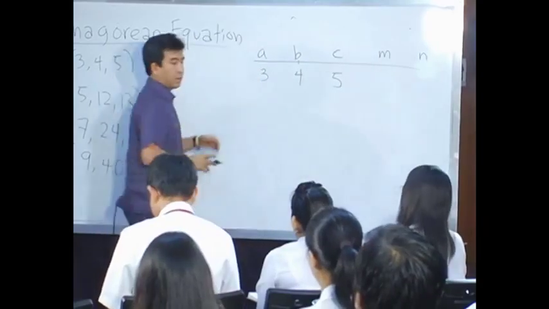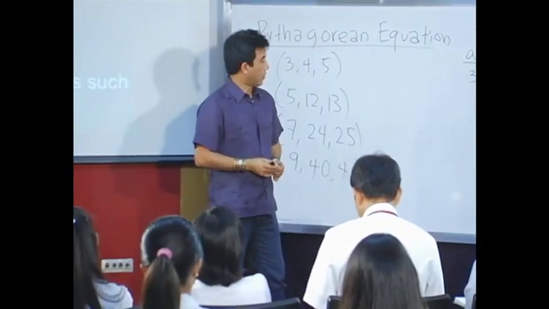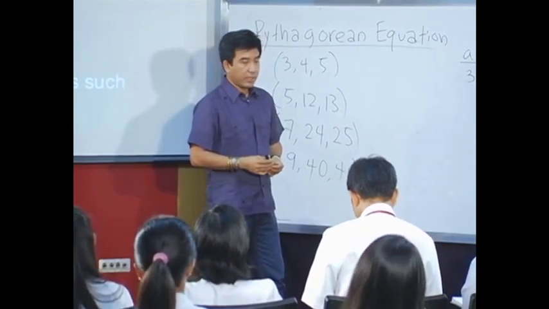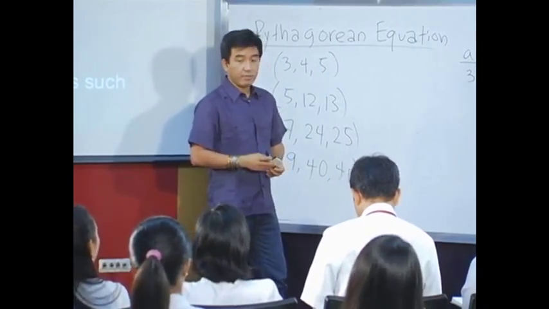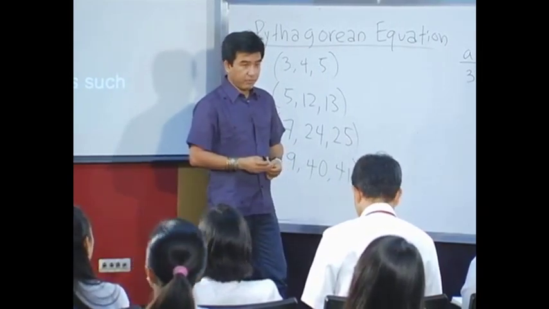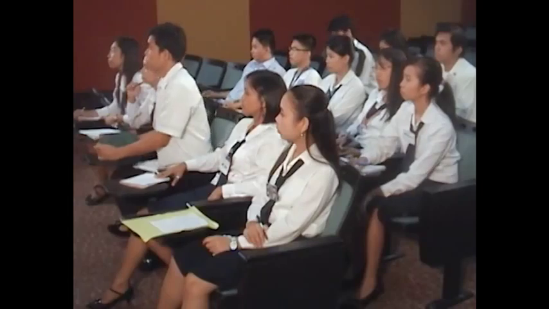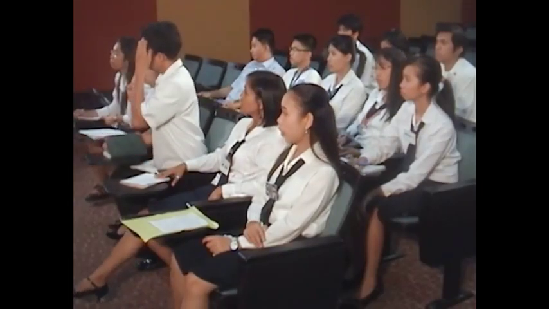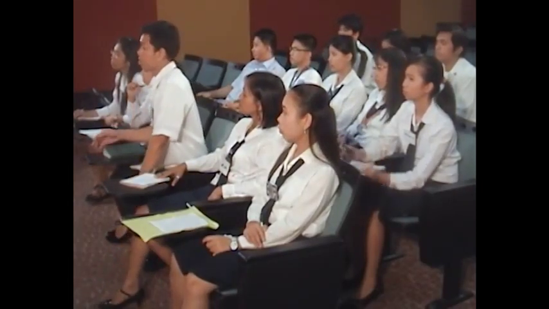For example, we know that 3, 4, 5 is a Pythagorean triple. Can you identify the values of m and n that would give you 3, 4, 5? 2 and 1. 2 and 1.